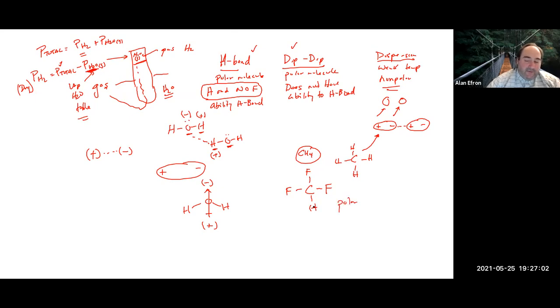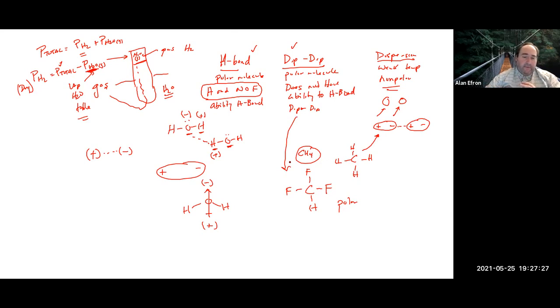Even though it has a hydrogen, this hydrogen is attached to carbon, which means it cannot hydrogen bond, because it needs to be a hydrogen attached directly to a nitrogen, oxygen, or fluorine. So even though it has a hydrogen, it cannot hydrogen bond, but it is polar. So it would use dipole-dipole interaction because of that. So that's the difference between those three.